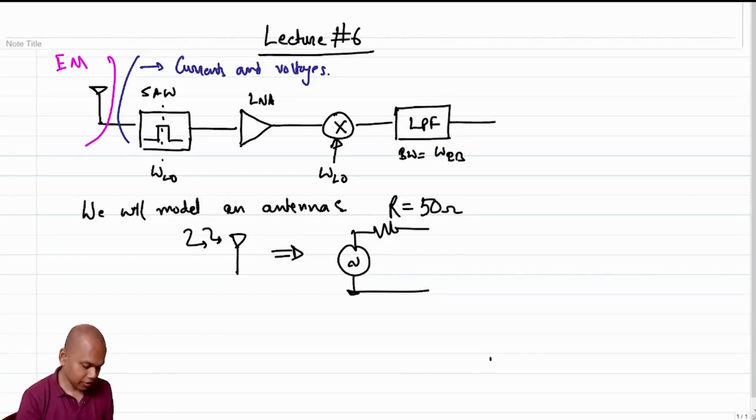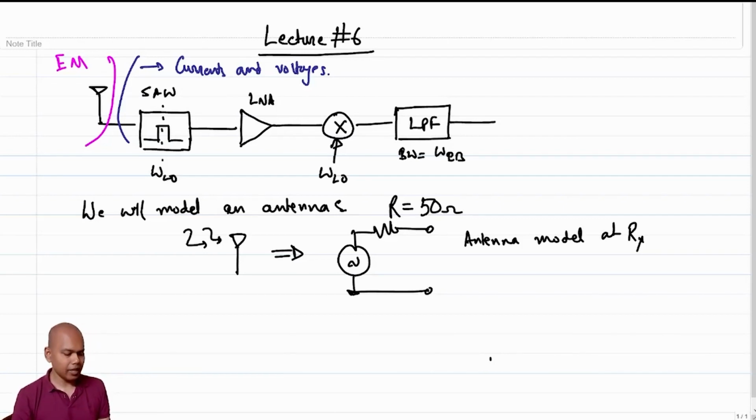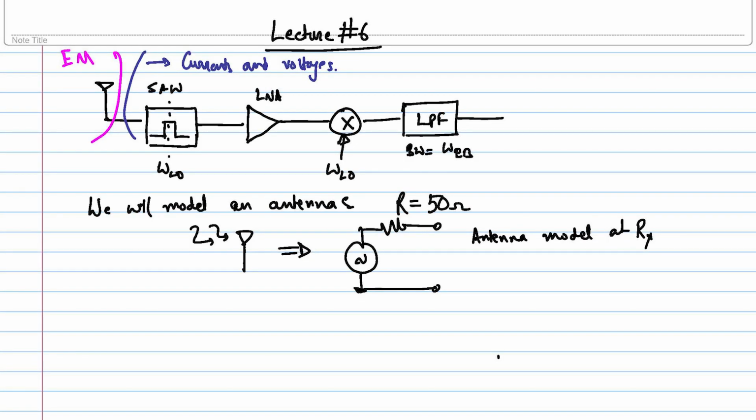Okay, so this is what we will model our antenna as on the receiver side, right? So this is our antenna model at Rx. At Tx, the source will not be there, and it will simply be a 50 ohm impedance. Okay, so that is something we will keep in our mind.